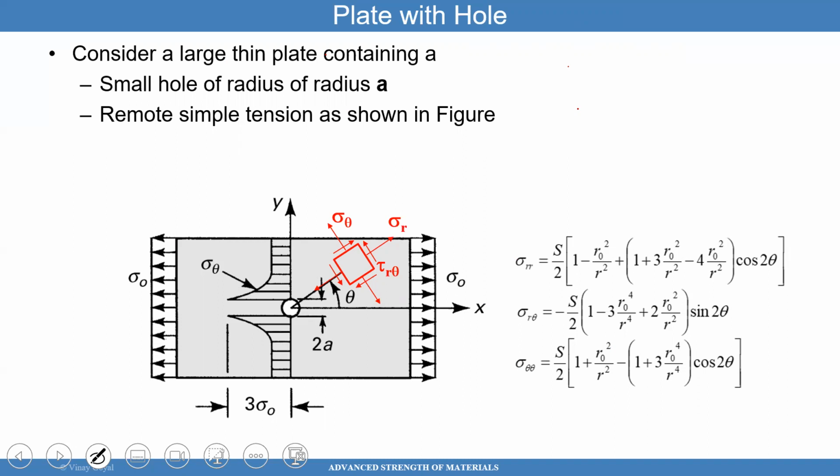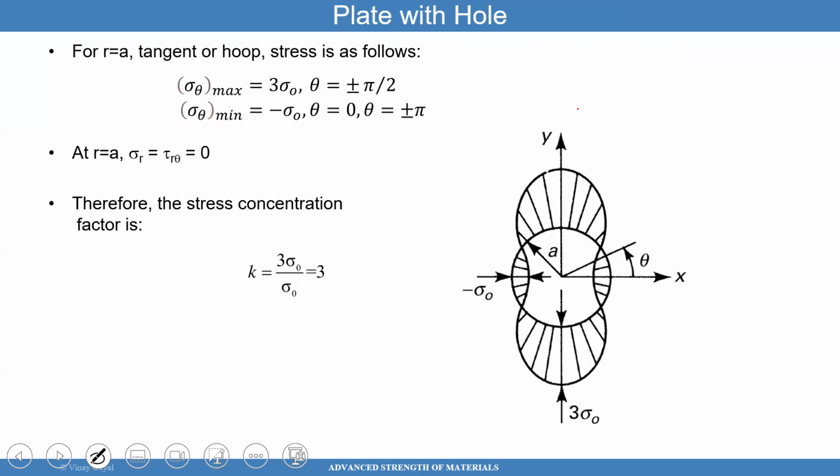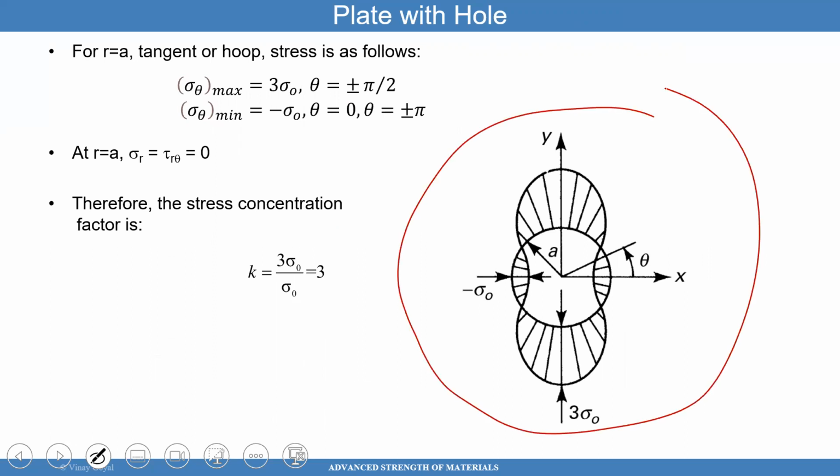What is cool is that the highest stress is at the hole and it's 3 times the remote stress. Finally, if you were to plot it, the stress field will look like that. Very complex stress field, but the stress concentration is 3.